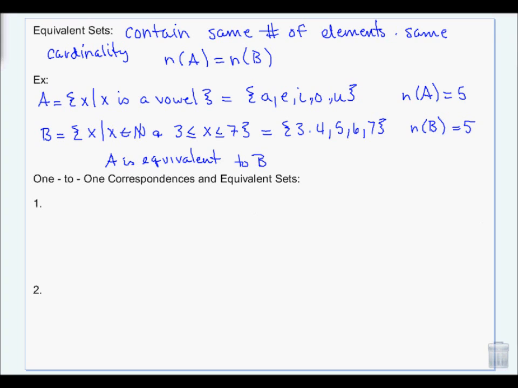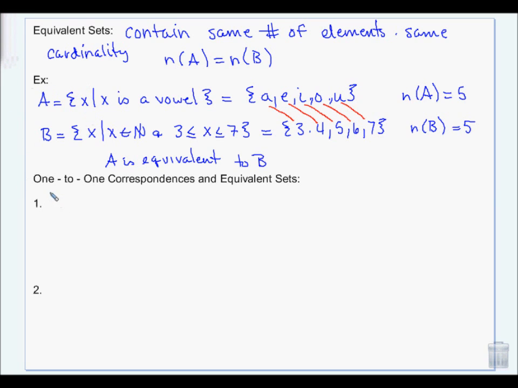I can take these and draw a little arrow or line connecting them, one element each, right? So this is 1 to 1, 1 to 1, 1 to 1. If you remember from the past, 1-to-1 correspondence means that for every one in this group over here, I have one that I can pair it with in this group over here. So we're going to talk about that a little bit.